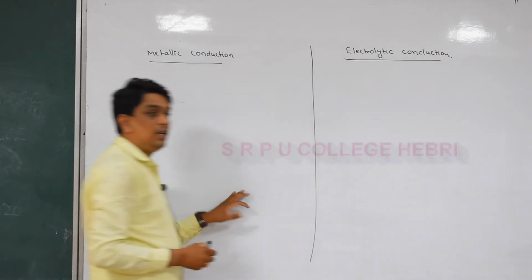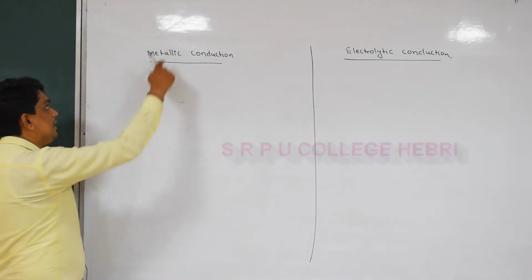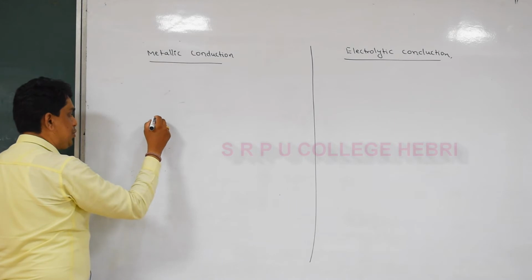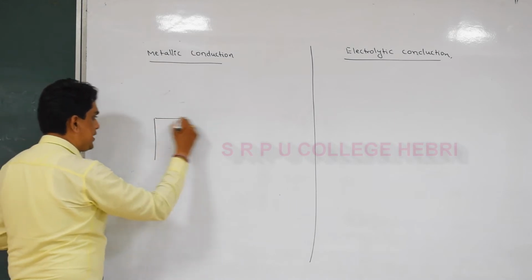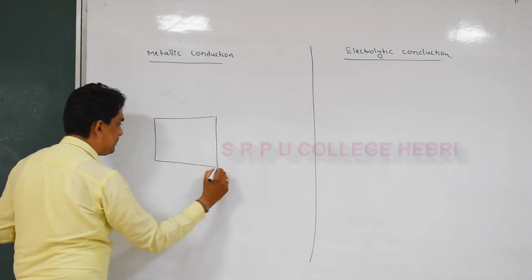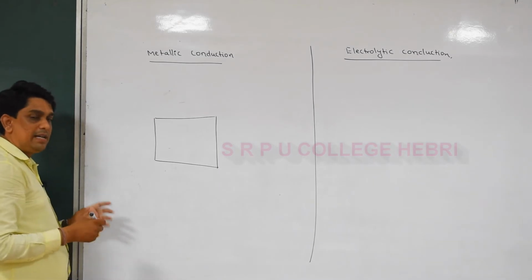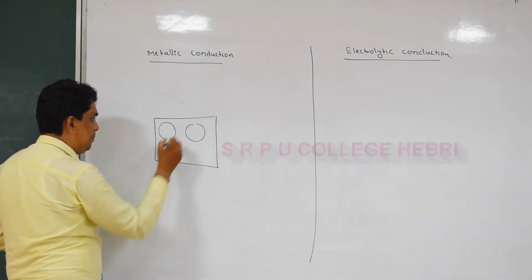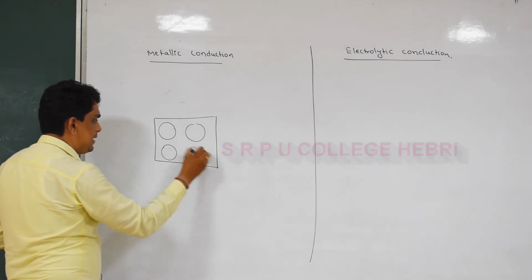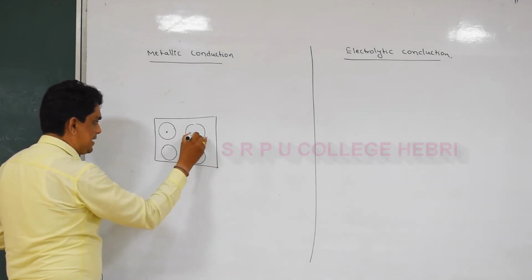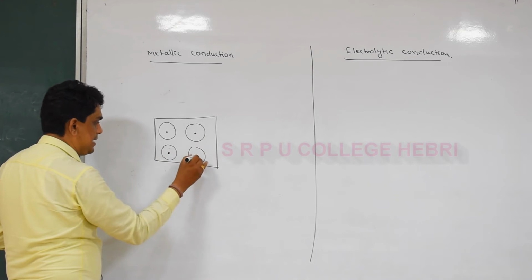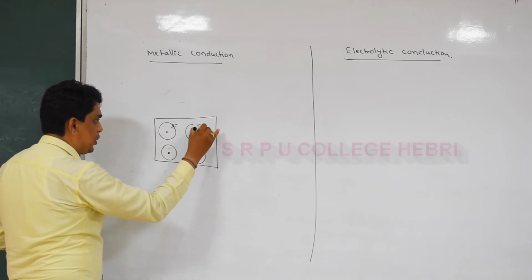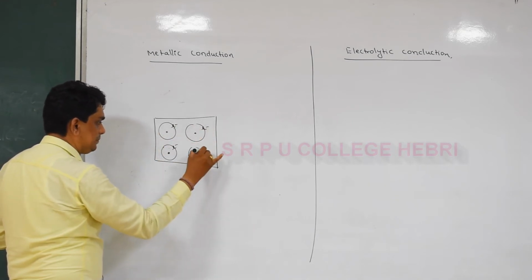Now, how are you studying metallic conduction? You show a metal sheet, and you know that a metal sheet is made up of metal atoms. Let me show you metal atoms with the valence electrons of the atom.